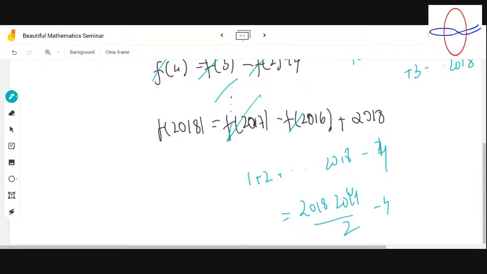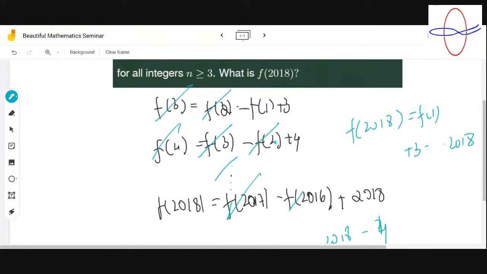So minus f of 1. It is wrong. Wait, let me see. I think I have somewhere messed it up.